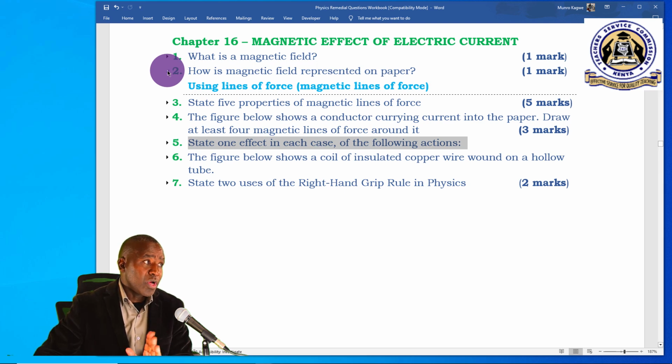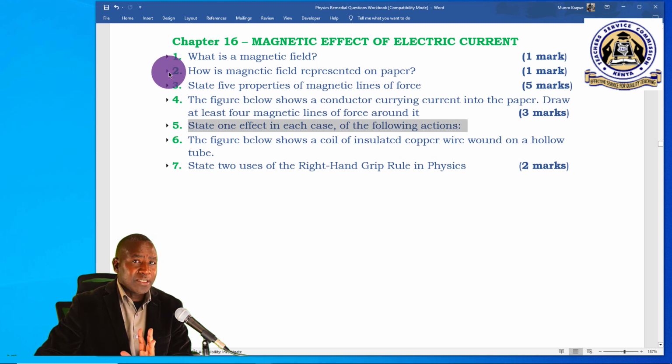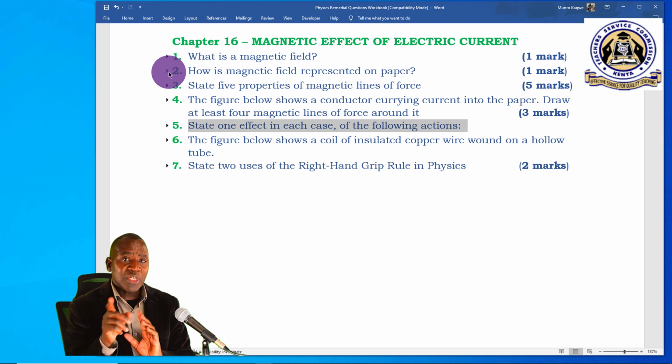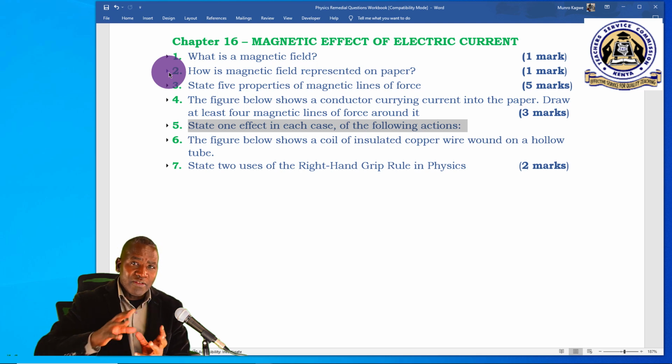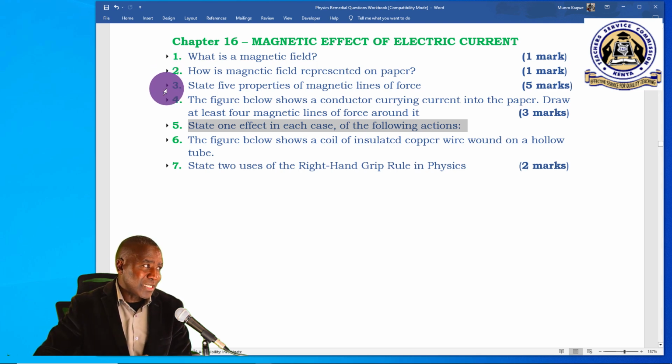That is how we represent a magnetic field. Again, let me hide that answer. There's something else that we did when we are looking at magnetism, and these are the properties of magnetic field lines. How many of them can you be able to state right now? The fact that they point from north to south, they don't cross each other, they behave like stretched rubber bands, and so forth. There are very many properties of magnetic field lines.